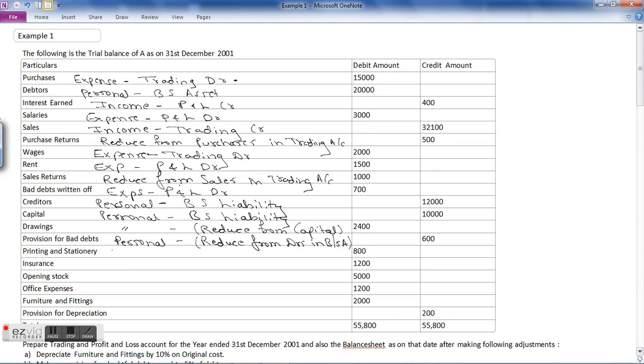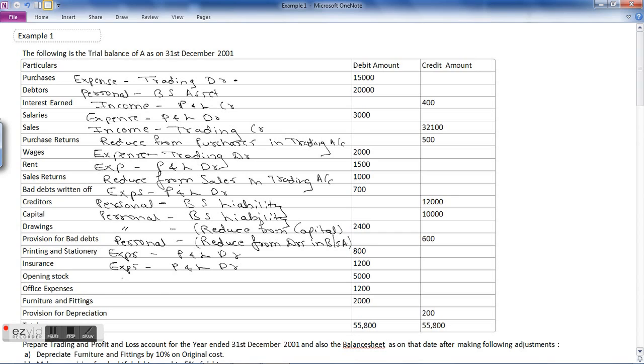Then printing and stationery. Printing and stationery is again a nominal account, an expense, correct? But since this is not related to cost of goods sold, it will be on the profit and loss account, debit side. Insurance. Now for this insurance, it is not given whether the insurance is for the purchase of goods or sale of goods. When it is not specified, we assume that this is an indirect expense not related to cost of goods sold.